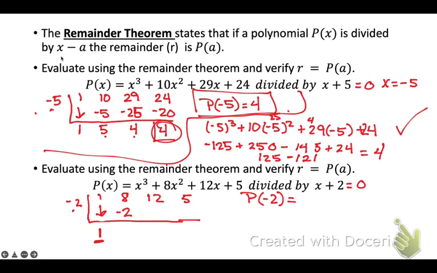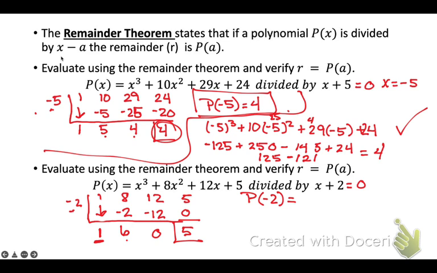What is 8 minus 2? 6. Now you do negative 2 times 6. Your multiplication answers go above the line. Your combining answers go below the line. Oh, I got it. And that's 0.